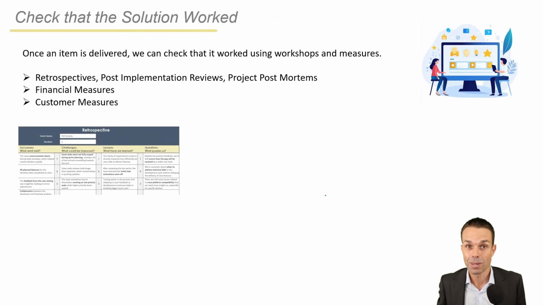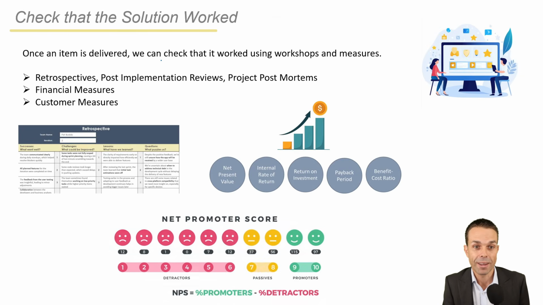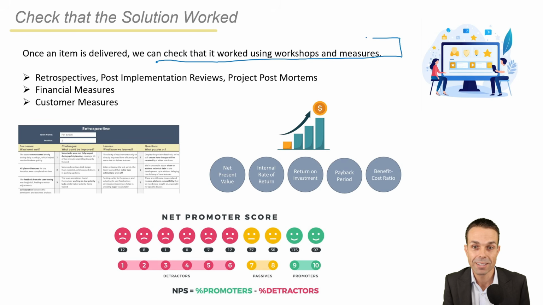And then once the item is delivered, we want to check that it had the desired effect. So did it have the right effect in increasing customer satisfaction? Did it have the effect of increasing revenue or reducing cost, or whatever it is we intended as the benefit from this deliverable?